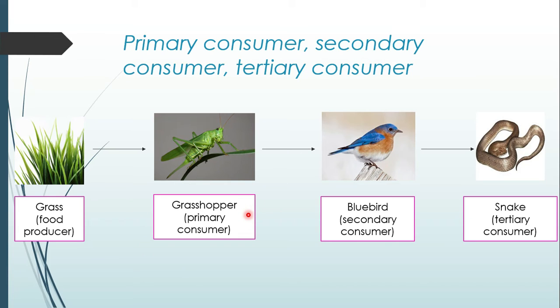The primary consumer is the first consumer, and then next it is eaten by the bluebird, that's the secondary consumer. This bluebird eats the grasshopper, and then the last is eaten by the snake. The snake is the tertiary consumer. It is the third food consumer.